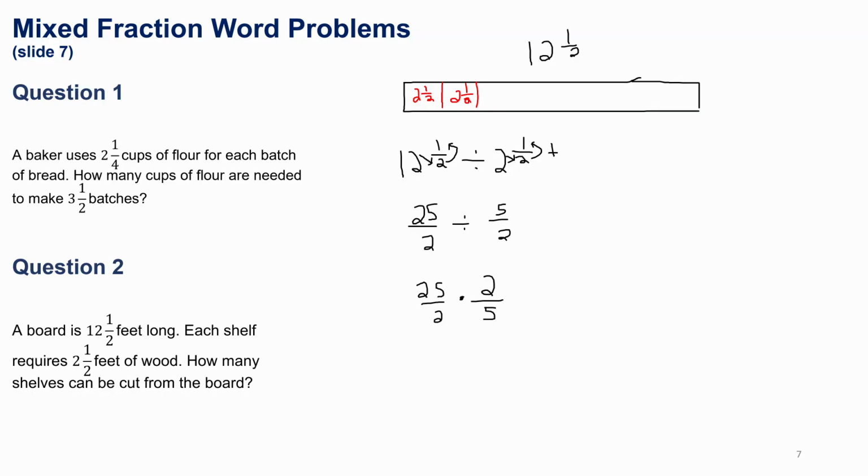And now we can cross reduce. And in this case, we can cross reduce both ways. So 25 and 5, I can divide this by 5 and this by 5. And then this by 2 and this by 2.